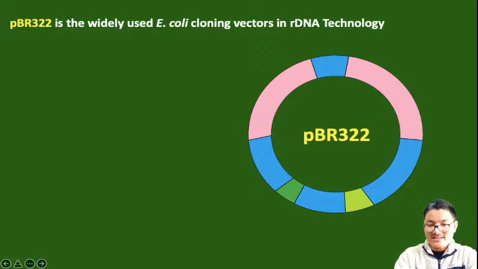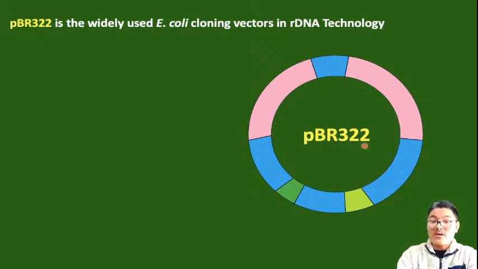It may or may not be asked in the examination; we can't guarantee. So PBR322 is one of the important vectors that we have to remember and study. Who knows, in future, if you become genetic engineers, you may be playing with PBR322.